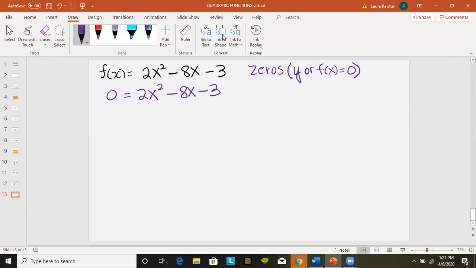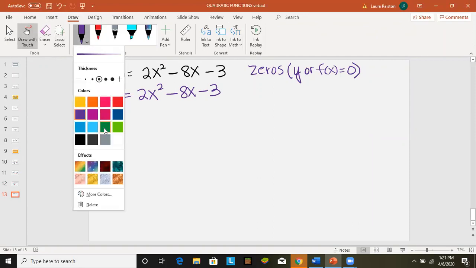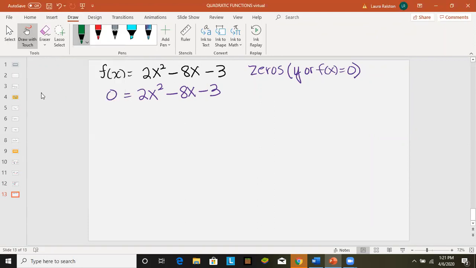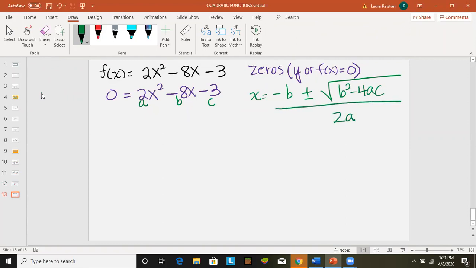And again, I might be able to factor that, guys, but I know a lot of you struggled with factoring. So I'm going to use the quadratic formula again. If you prefer factoring, feel free. a is positive 2, b is negative 8, and c is negative 3. I'm going to write down my formula: opposite of b, plus or minus, square root, b squared minus 4ac, all over 2a.